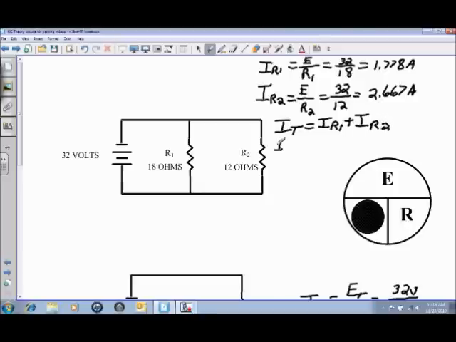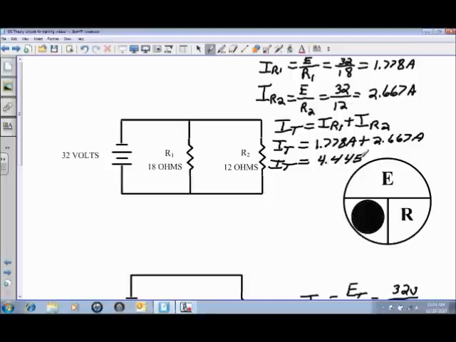So the I total, in this case, could also be calculated by adding together 1.778 amps plus the 2.667 amps of current flow through R2, which will give us a total current flow, if we punch that into the calculator or just add them together, of 4.445 amps. So we've proven that our calculations are correct in this case.